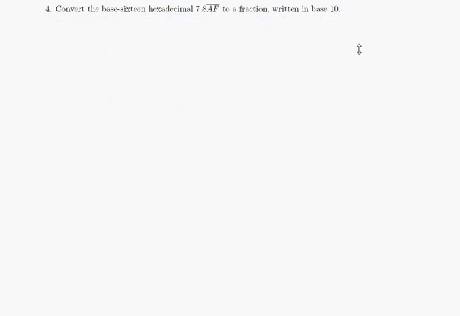For problem number 4, base 16 hexadecimal, 7.8AF bar. There's a few ways that this can be done. One way to do this is to write this out as 7.8AF, AF, AF, AF repeating.